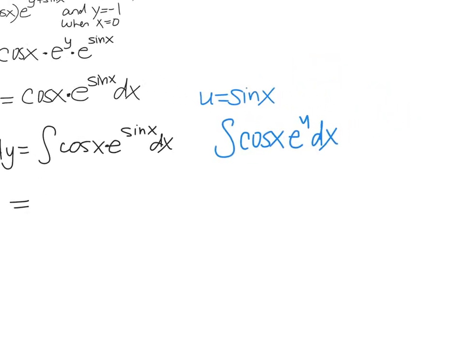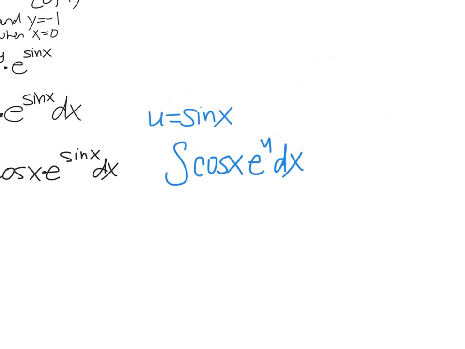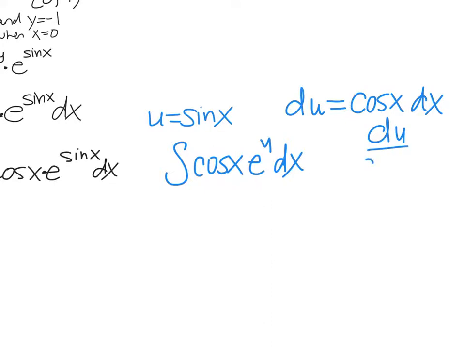But we need du. So du equals cosine x dx. Remember U-substitution? It was last week. And then dx would be du over cosine x.